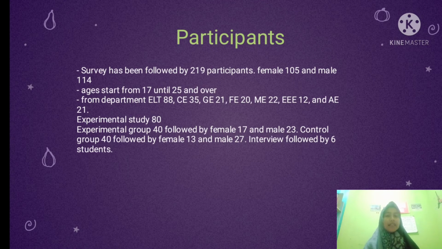From departments ELT 88, CE 35, GE 21, FE 20, ME 22, EEE 11, 12, and AE 21. The experimental study is 80%: experimental group 40%, followed by female 17 and male 23. Control group 40%, followed by female 13 and male 27. The interview was followed by 6 students.